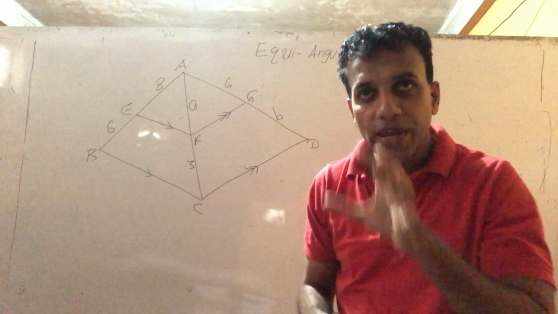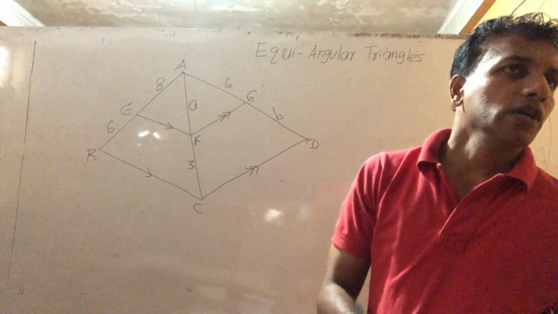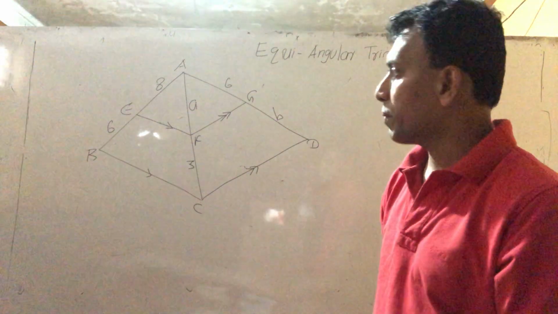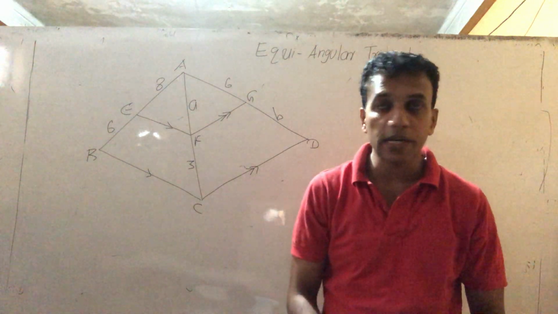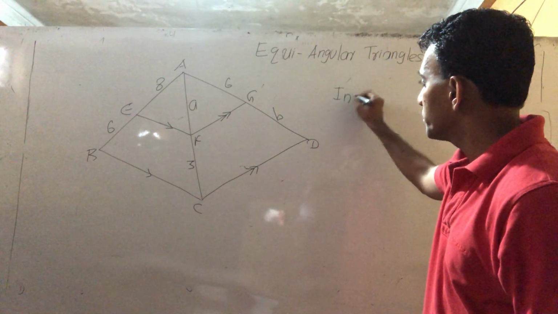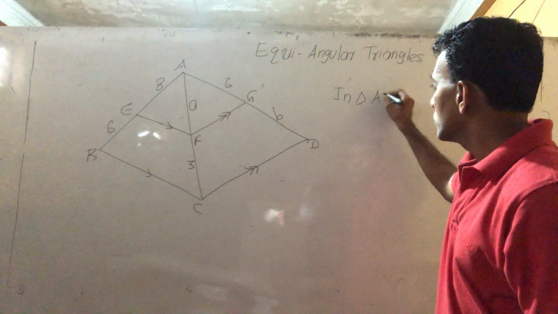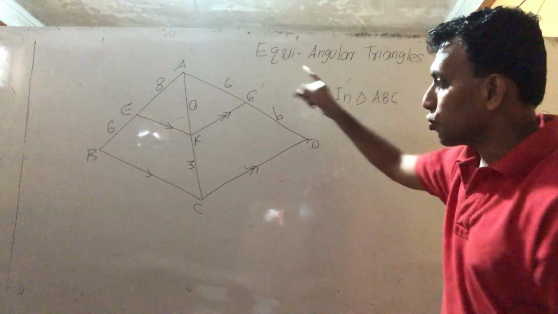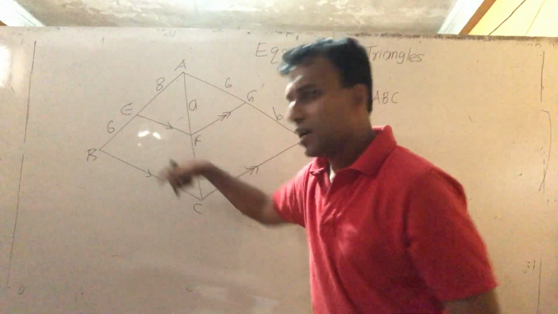So you take one triangle, complete one part. Take the other triangle, complete the other. That's all. In a triangle, if a line is drawn parallel to a side, it divides the other two sides proportionally. Therefore here, I take triangle ABC. In triangle ABC, EF is parallel to BC.